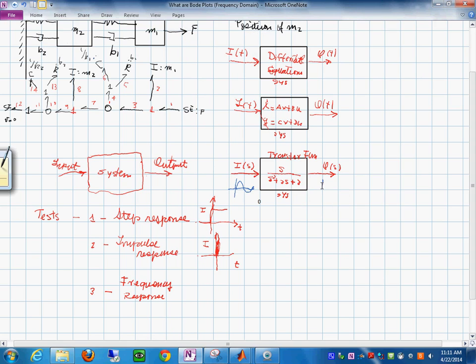But on the output over here, I have the same sinusoidal function, but maybe looks like this, a bit out of phase.